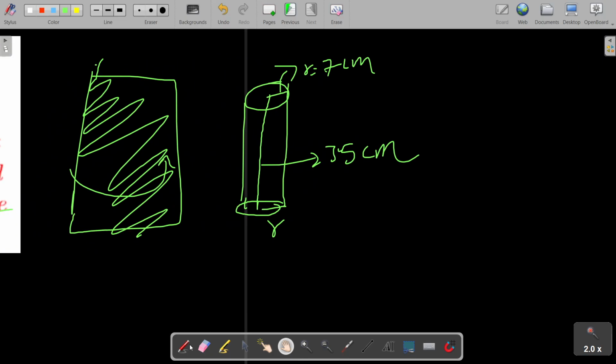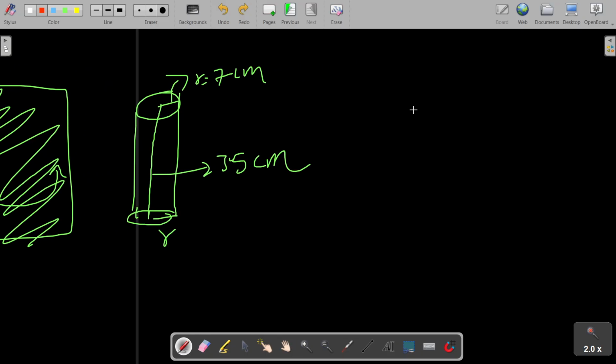So you can see that we need to calculate the curved surface area for this cylinder. This area right here is the curved surface area. So let's find out the curved surface area.